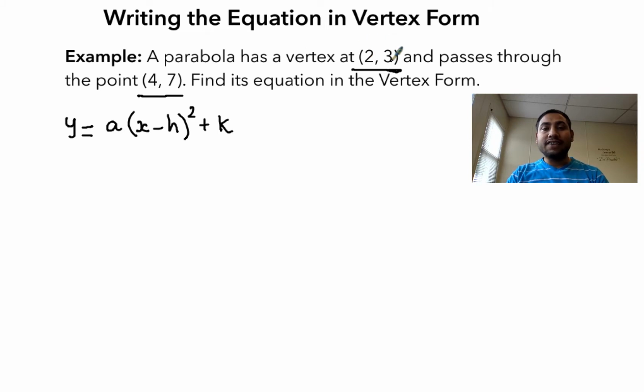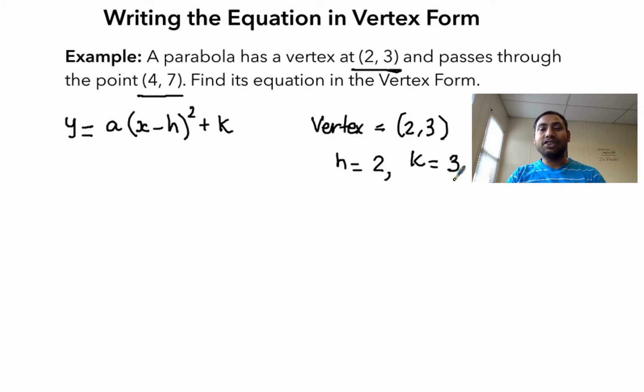Now, since we know the vertex, the h and k values are known to us. The vertex is (2, 3), so our h is 2. Remember, it's always the x value of the vertex, and then our k is 3, the y value of the vertex.